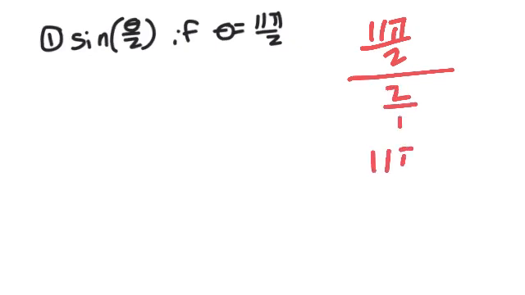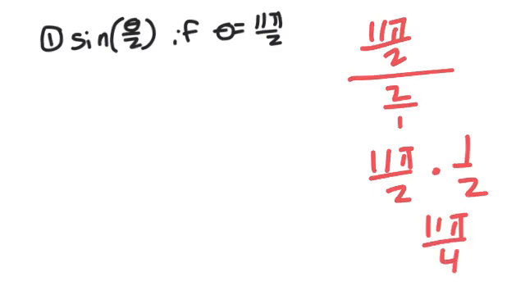So now I have 11 pi over 2, and I'm going to multiply by the reciprocal because I can't divide a fraction by a fraction. Now 11 pi over 2 times a half, we multiply straight across, so that's going to be 11 pi over 4. So I am actually just finding sine of 11 pi over 4.